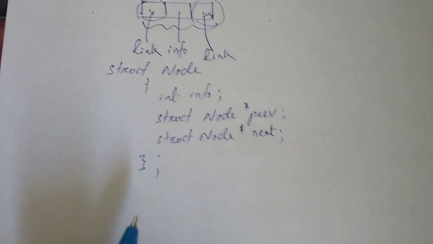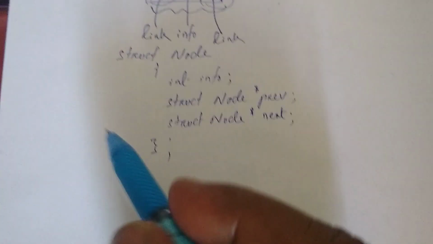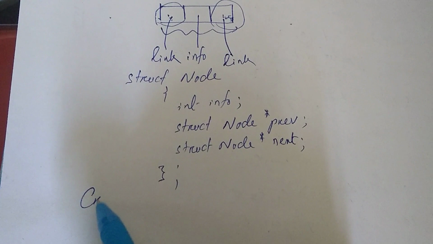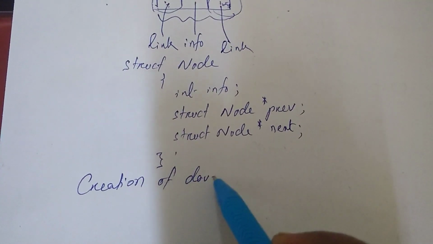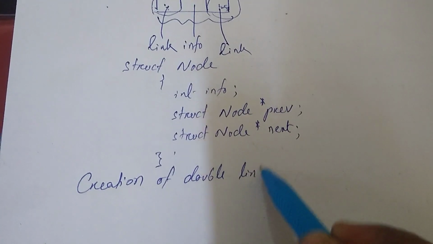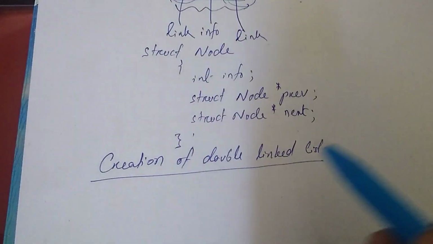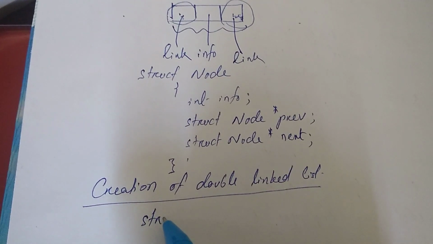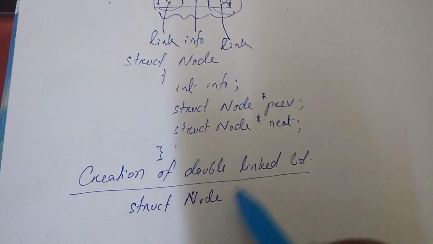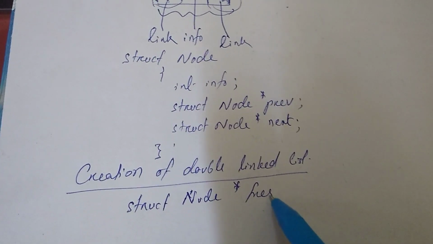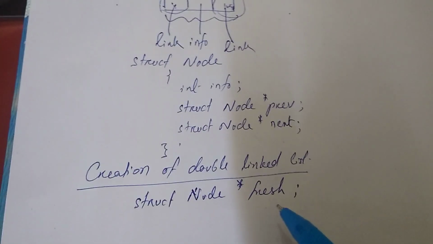So here we'll see the simple creation of a double link list. It is a struct similar to the single link list, struct node asterisk fresh. Suppose fresh will be the pointer which will hold the address of the freshly created node.